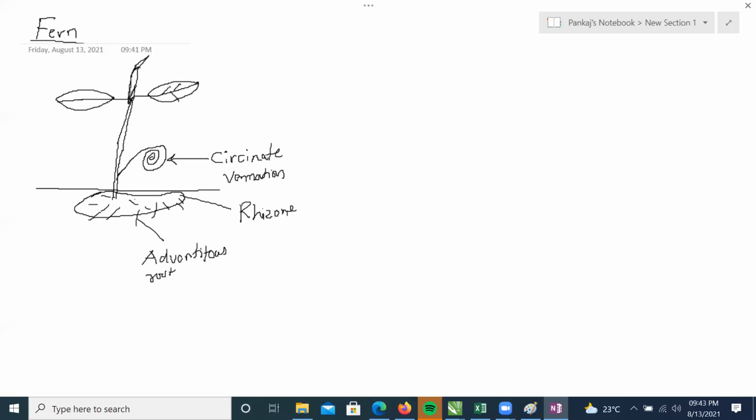So within that leaf, what we will see is that at the end of the midrib, the spores will be present. Okay. So this is actually called a sorus. Now sorus bears sporangia. So if I enlarge this structure, we can draw a structure like this.